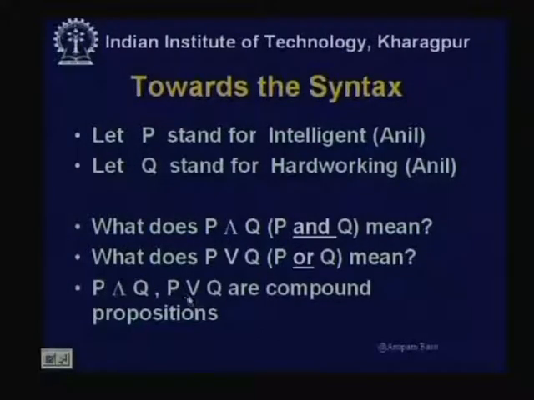So, P and Q, P or Q are examples of compound propositions, because P is a statement, Q is a statement, and I have formed a new statement by applying some connecting operators like AND, OR, etc. We will see that there are other operators also which you can use to make more compound statements.